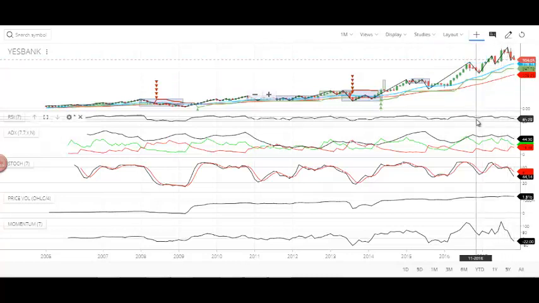So is this the right moment to invest in this stock? Actually, S Bank recently posted its quarterly earnings. Earnings are good, but there is a slight problem with the NPA thing. In India, bank NPAs are non-performing assets. The percentage of NPAs has grown too much for the banks to hold.